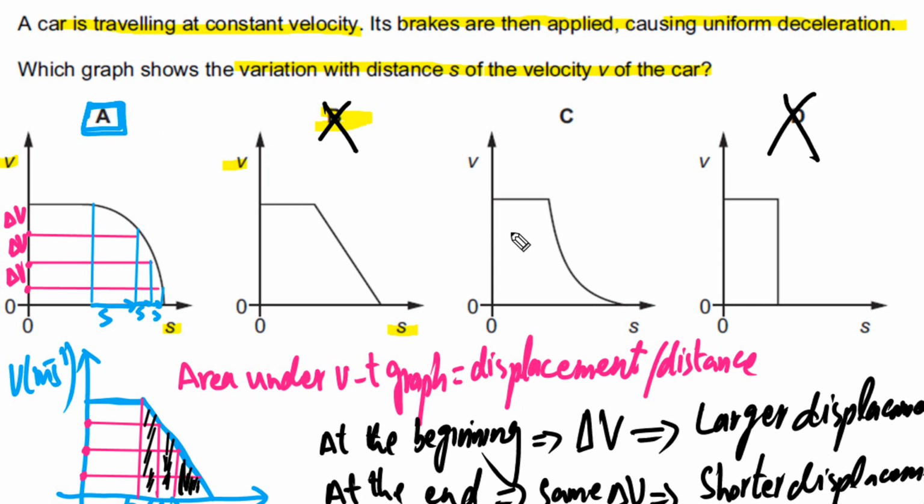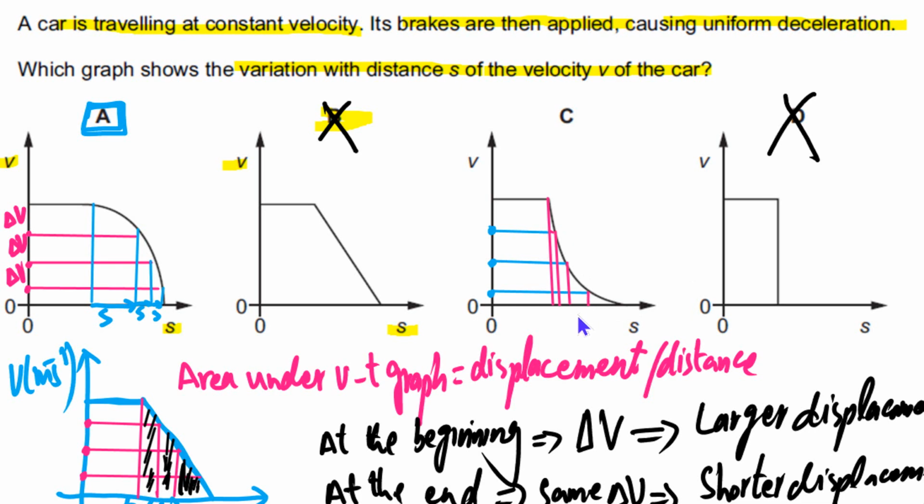If we check C, we will not get the same thing. Let me explain a little if you are curious about this. Let's see the same delta V. Let me redraw this one so you can see better.